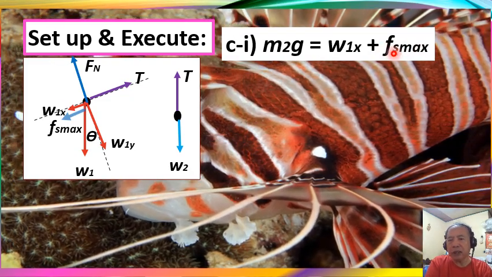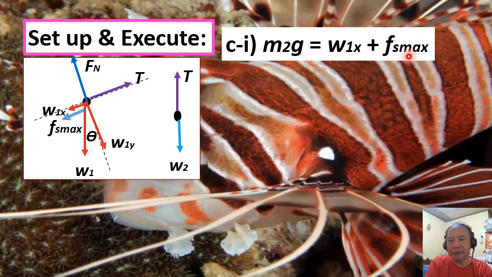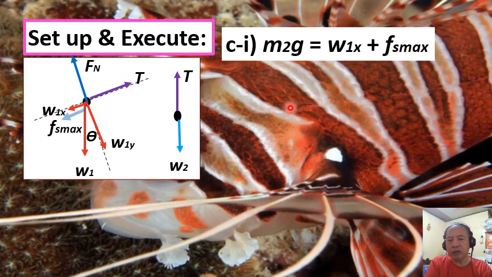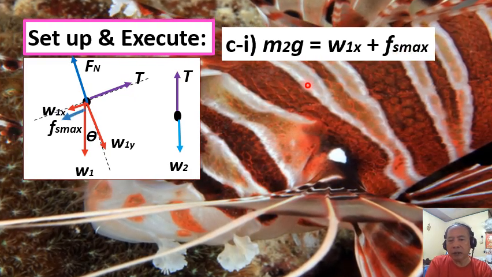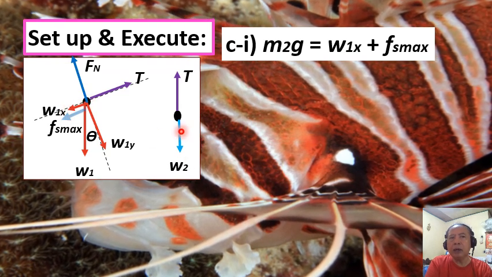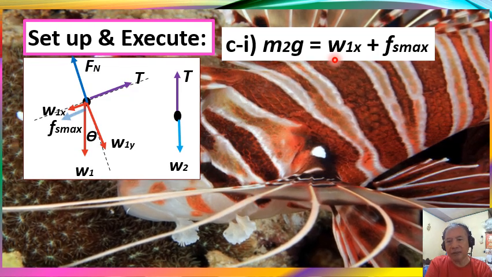We are using the maximum static friction here because we are talking about the situation when both mass M1 and mass M2 are just about to start to move from rest.